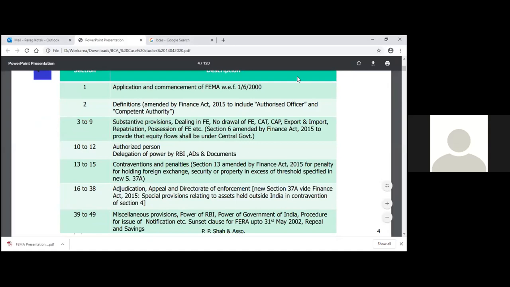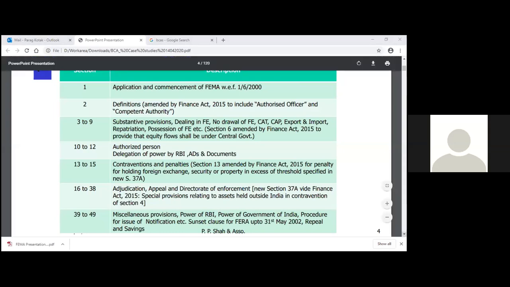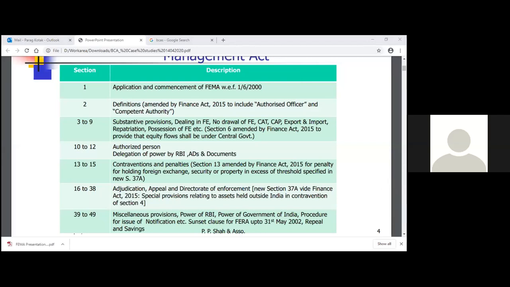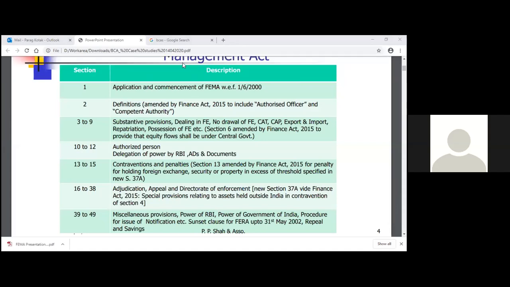What we find is only one change in so many years, the change which was made in 2015 by virtue of amending sections 62, 63, 37 and 46, whereby two things took place. One is the power to regulate the capital account transactions was given to the central government.